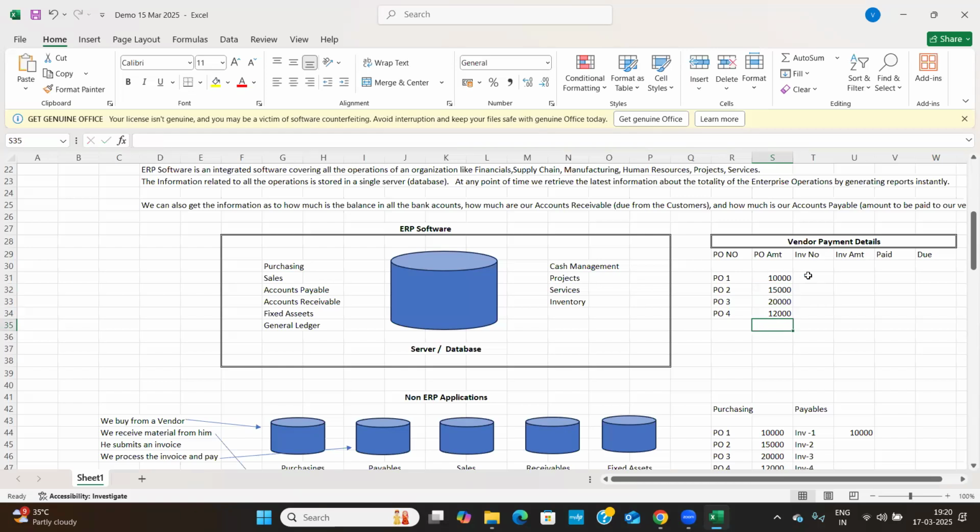So for this, whether he has submitted the invoice or not, suppose he has submitted the invoices. So now he has given invoice 1, invoice 2, invoice 3, invoice 4. The invoice amount he has submitted is the same amount.